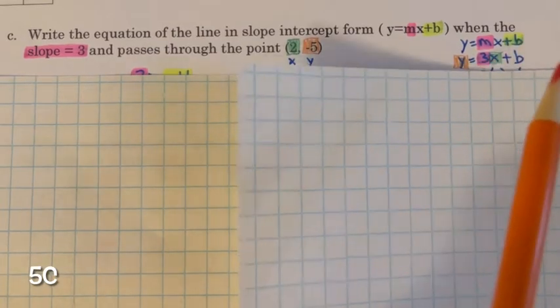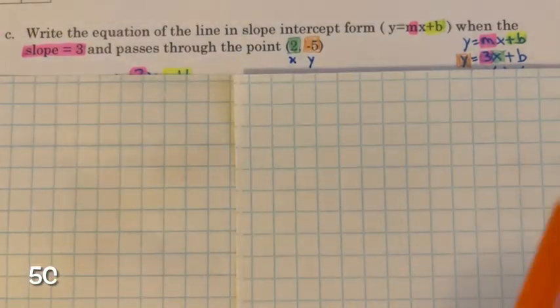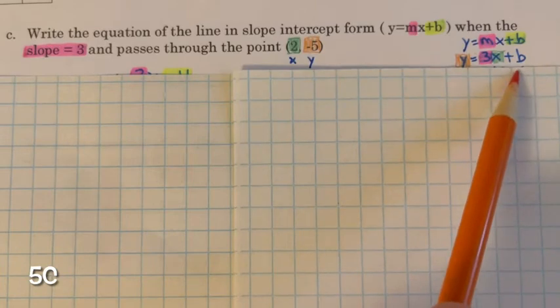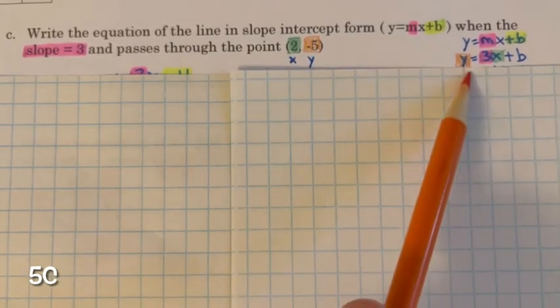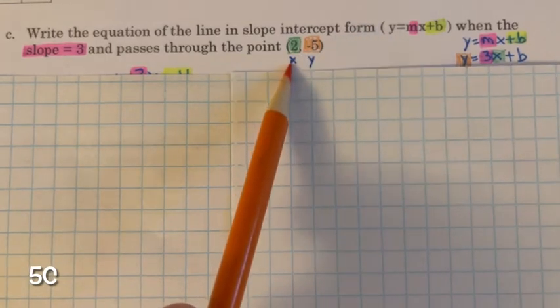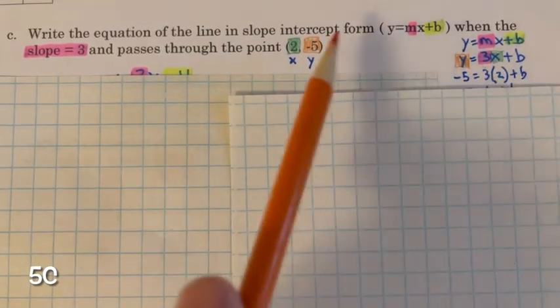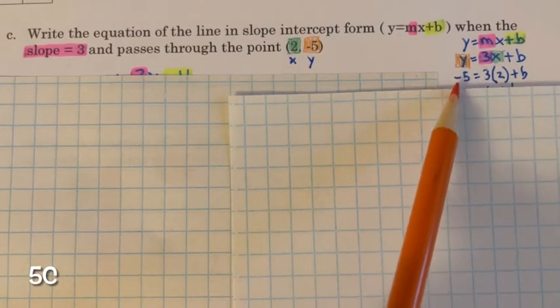Now we need to find out, well, what is the b equal? What is the y-intercept? In order to do that, we can take the given points, the x and y, and plug it into this equation. If we know x is 2, we can plug it in, x is 2. And we know y is -5, we substitute y with -5.